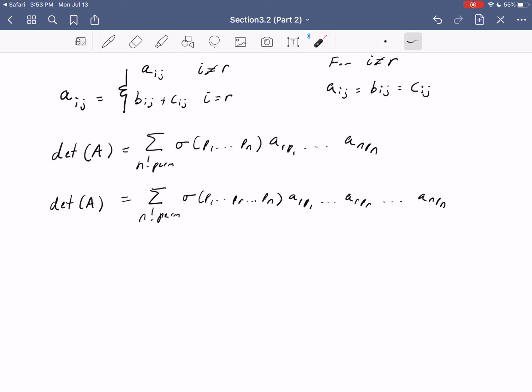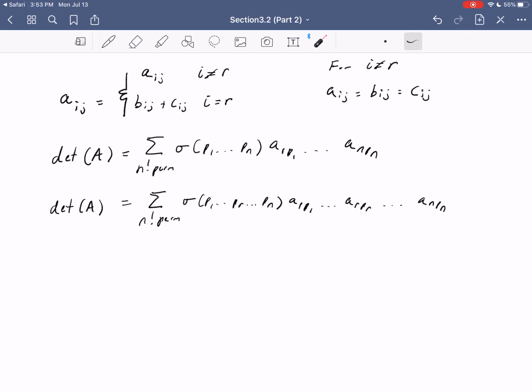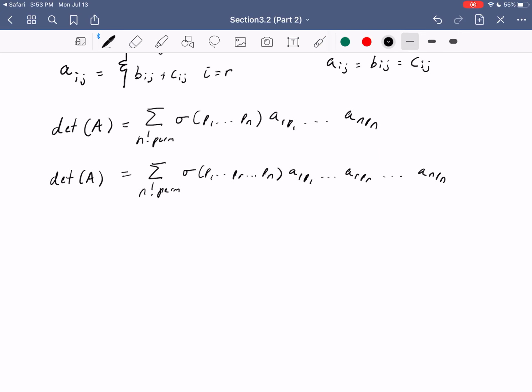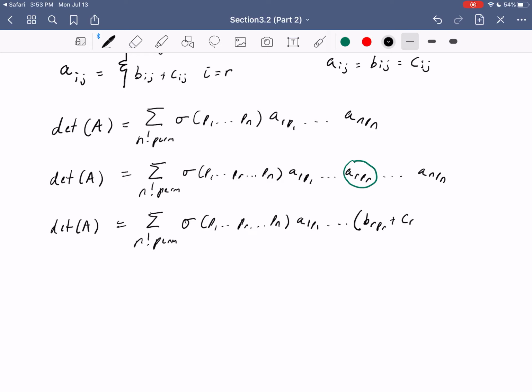Now, since we're talking about the rth row of A, we know that the rth row of A is the same as the sum of the rth rows of B and C. So the determinant of A then is the sum over the n factorial different permutations, P1 down to Pr down to Pn, A1P1, and we're going to circle what we're changing, because these can get pretty messy, and replace that with BrPr plus CrPr.